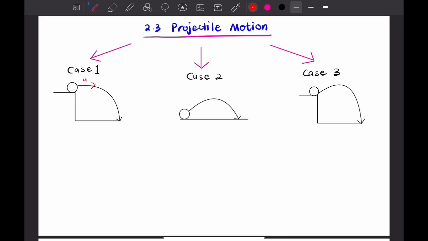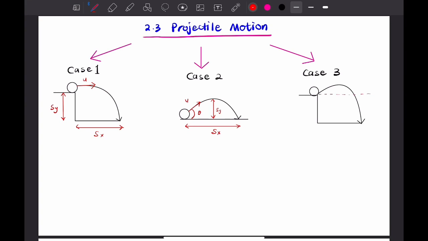For case 1, we have the initial velocity u, and then we have the vertical displacement and the horizontal displacement. For case 2, we have the horizontal displacement, then the height or the vertical displacement, we have the angle, and the initial velocity u.